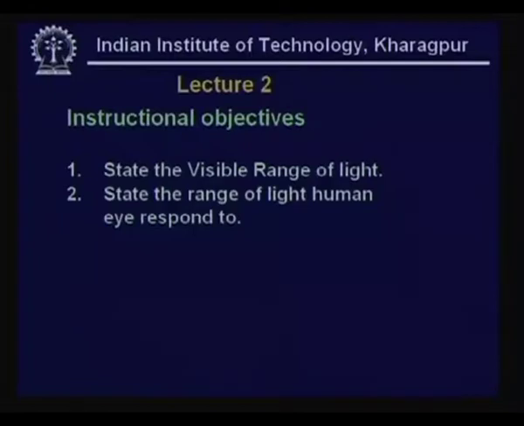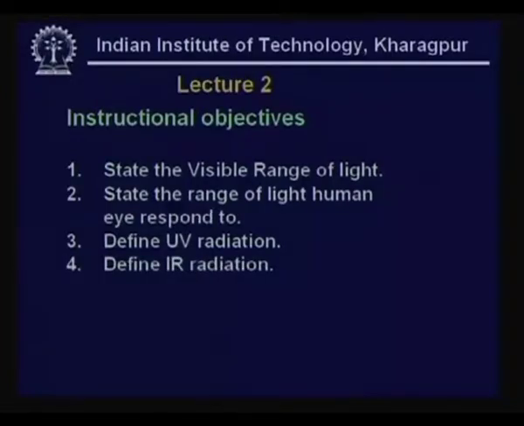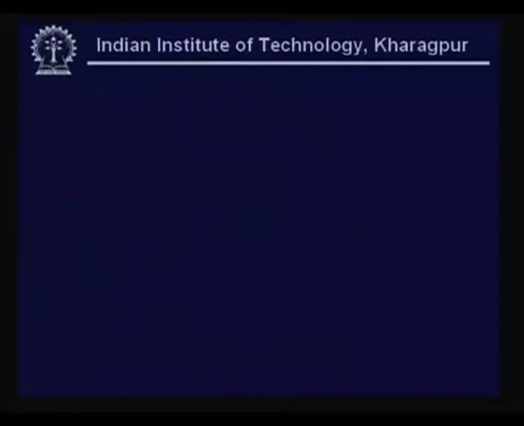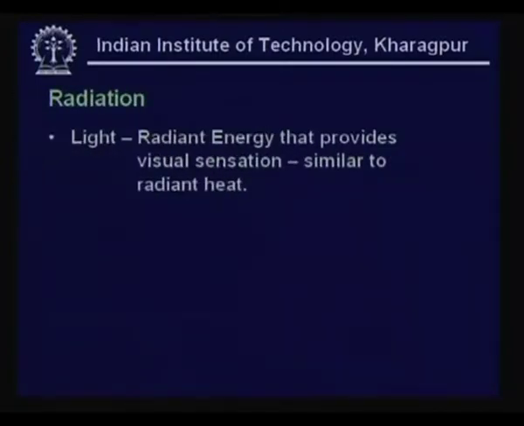State the range of light the human eye responds to, and define what is UV radiation, what is IR radiation; and understand and be able to list the physical phenomena employed in artificial lighting, and understand the concept of color temperature and what it is.